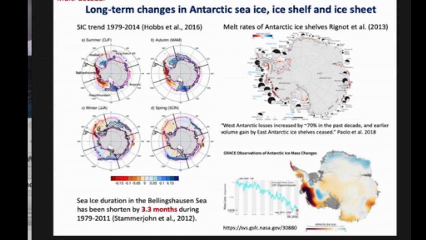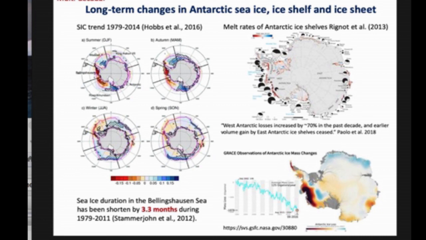So you see the large ice shelf mass loss in this stretch, some big in the Weddell Sea and relatively smaller in East Antarctica. And Paolo's 2018 paper did a similar analysis with different satellite data and concluded that ice shelf loss in West Antarctica increased by 70% in the past decade.